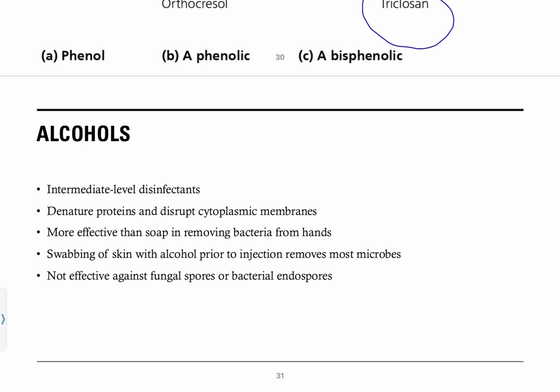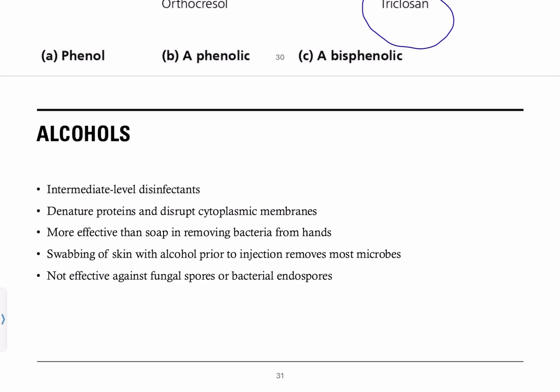Why? Because pure alcohol works less effectively than the 70-90% concentration because water is required for protein denaturation. If you remember back when we broke down our macromolecules, we talked about hydrolysis being how we break them down. Water is required. So that's why normally it's 70 to 90% alcohol and then 10 to 30% water.